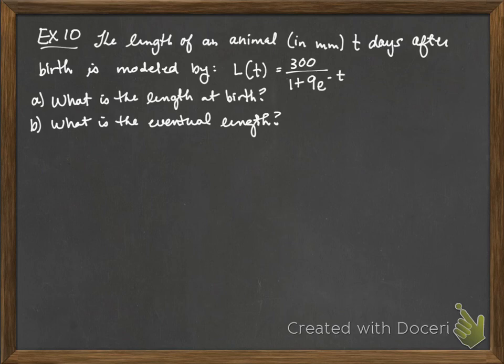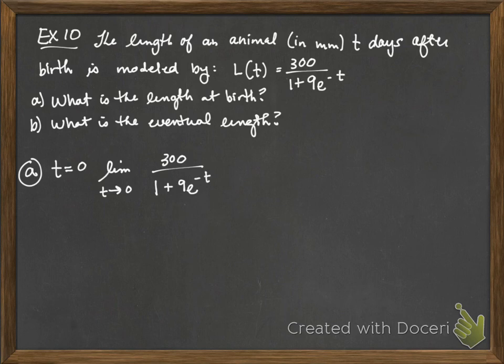Okay. So part A, if t is days after birth, at birth t is going to equal 0, right? So what we're going to do is find the limit as t approaches 0 of 300 over 1 plus 9e to the negative t. I'm going to plug in t equals 0.